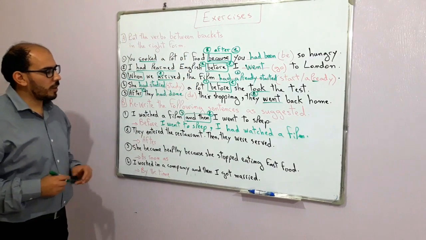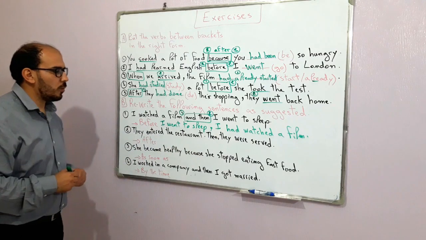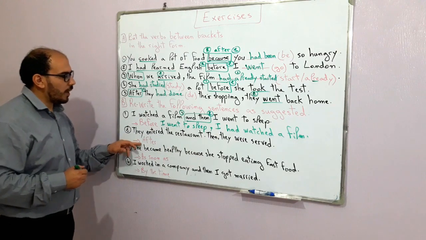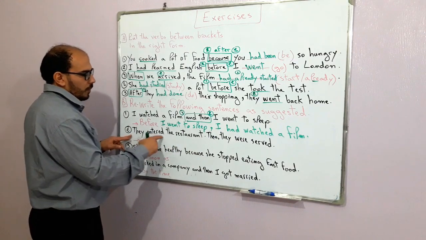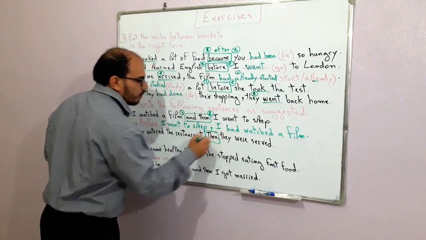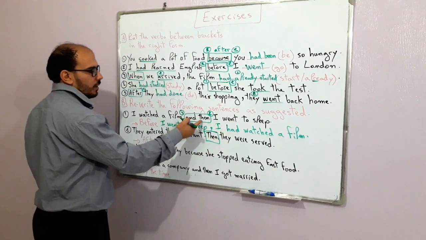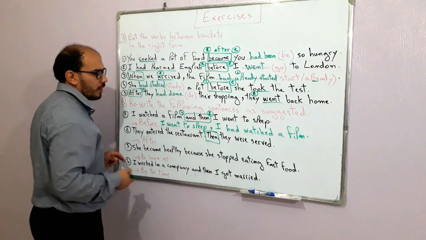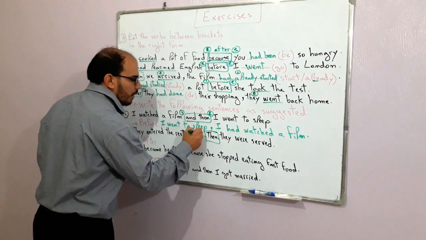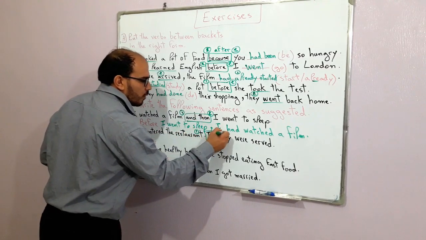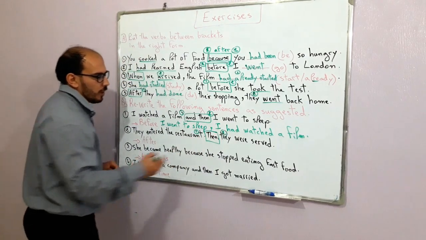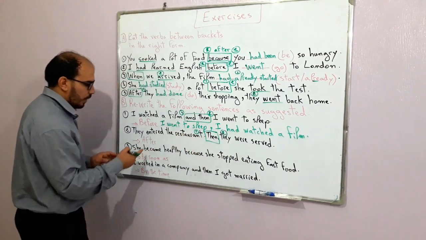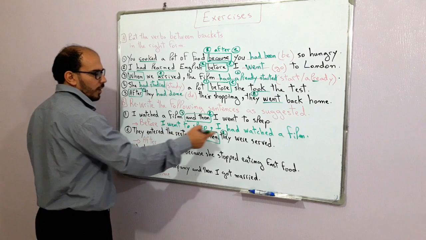Next, they entered the restaurant, then they were served. I have the word then. So when I have then, it's like in the first case, we have and then, or then is the same. So this means we have one, then we have two. And that, after one we have two.